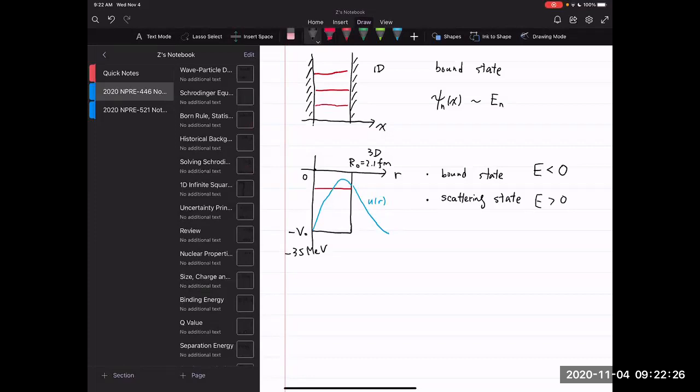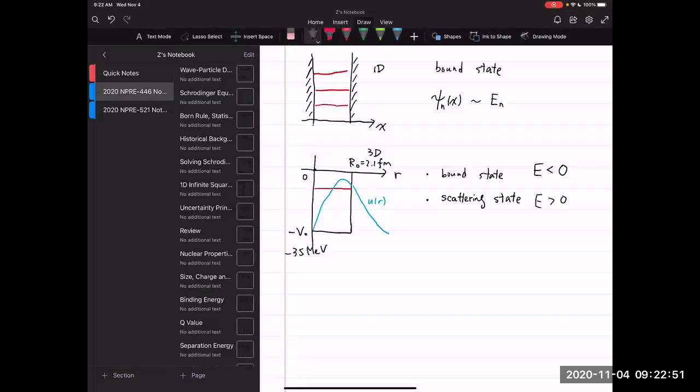Of course, in addition to the strong nuclear force, protons also repel each other through the Coulomb interaction. So for the proton-proton interaction, we have both the nuclear force term and the Coulomb term, which makes it slightly more complicated.